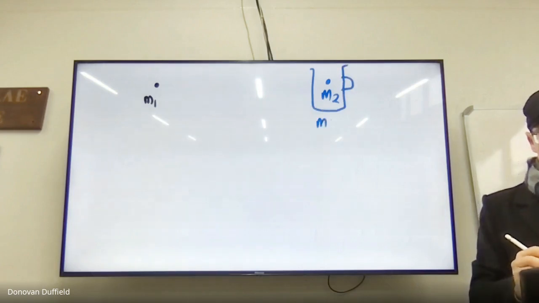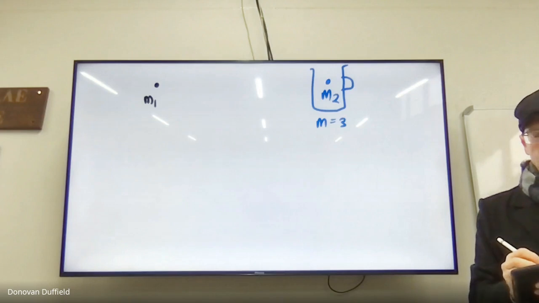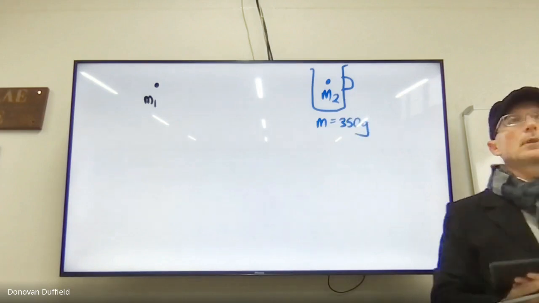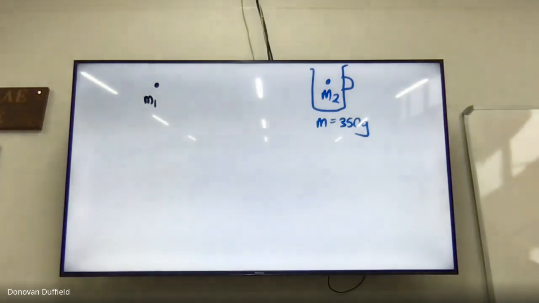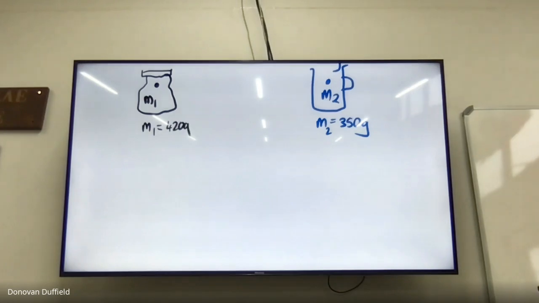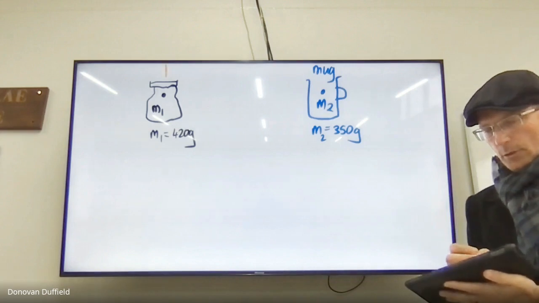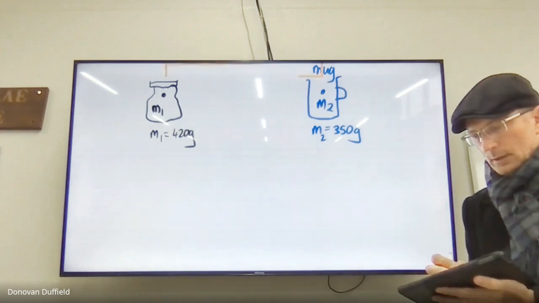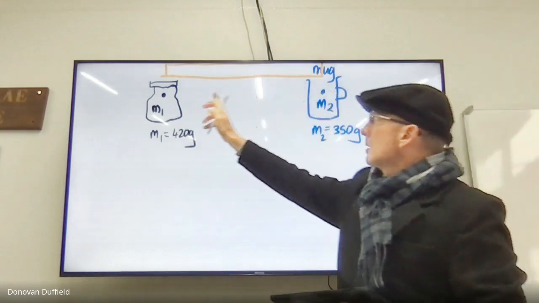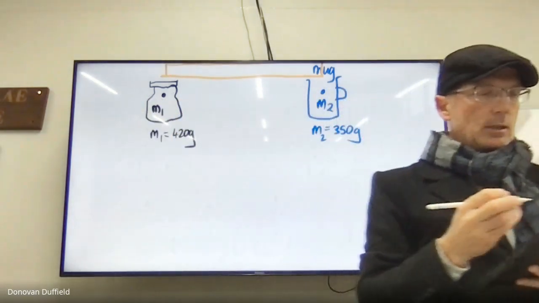Let's say that the mug, there's the mug, excuse my drawing, okay. Let's say my mug has got a mass of 350 grams. I want you to do this with me, all right? This is the mug. And let's say that the bottle has a mass of 420 grams. Okay. And let's say we take our ruler and we put the distance between them such that the center of mass of the two objects is 30 centimeters apart.